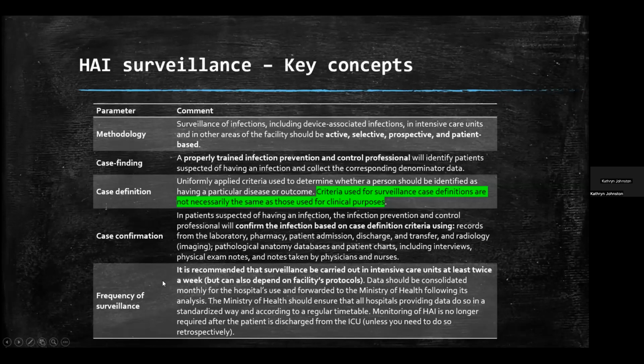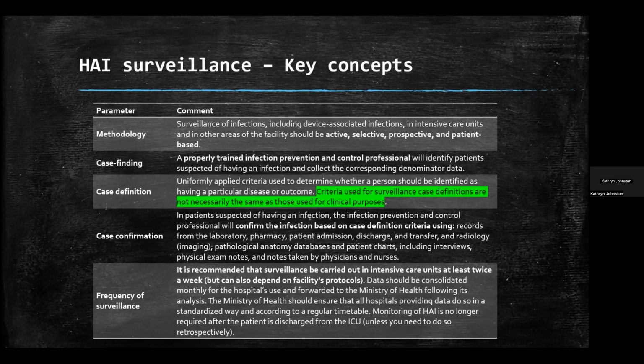And then how often should you be conducting surveillance? This is a critical component. Like I said, HAI surveillance is a hallmark and a cornerstone of IPC programs, and it is recommended that in order to carry out surveillance in an intensive care unit, and be able to capture and review all of the information collected on those patients at any given time, you should be visiting those intensive care units at least twice a week.